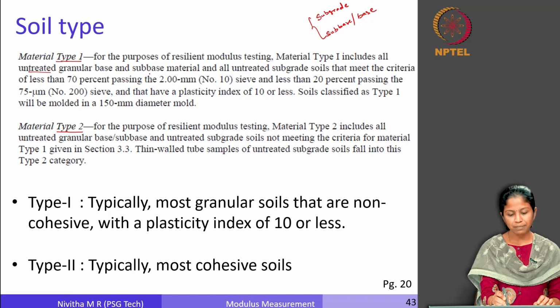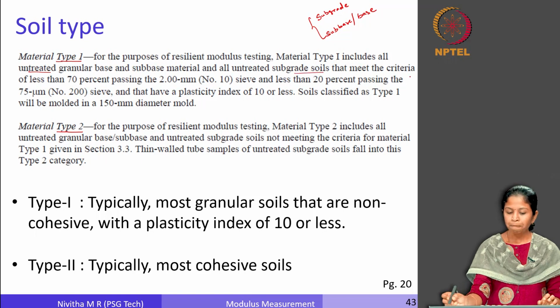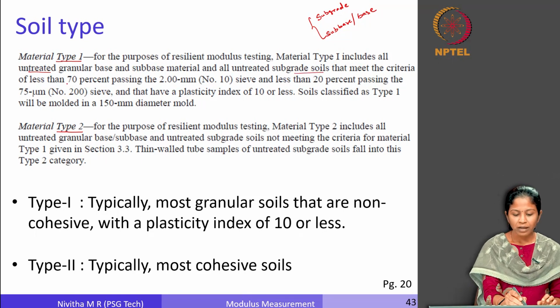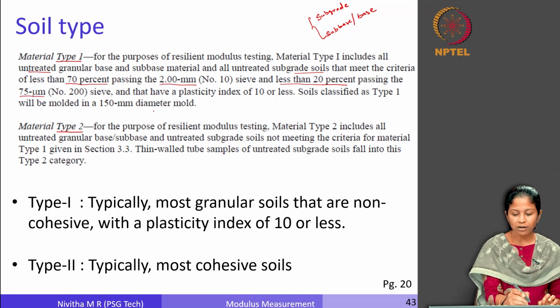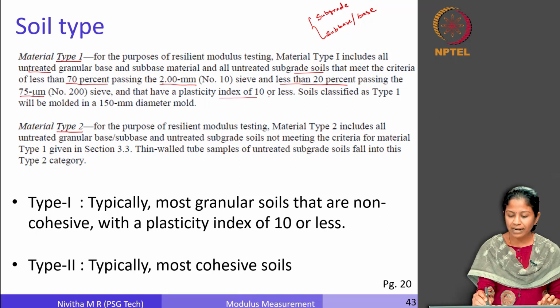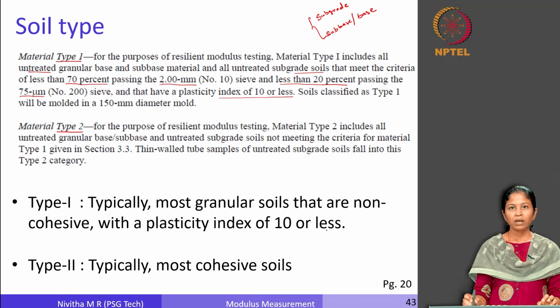It also includes all untreated subgrade soil that meet the criteria of less than 70% passing the 2 mm sieve and less than 20% passing the 75 micron sieve, and that has a plasticity index of 10 or less. Okay, so these are soils classified as type 1.